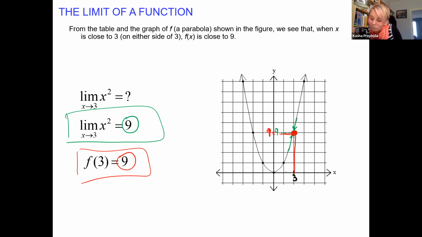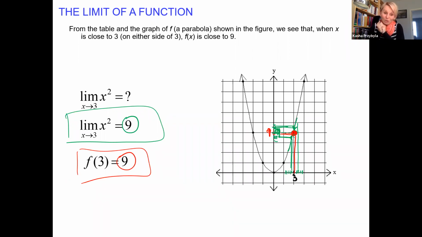If I'm just interested in what is happening near 3, we can take all of these values which are close, really, really close, and we know that this is approaching the height, the level 9. Okay, I hope this is clear, but please remember they are a little bit different.